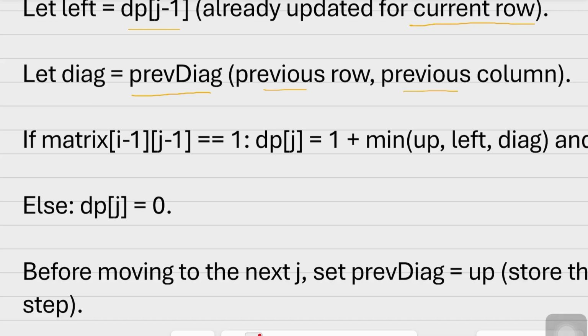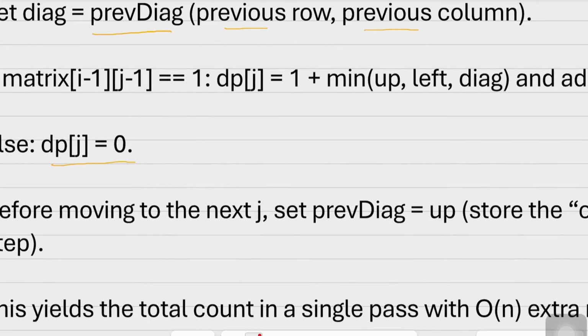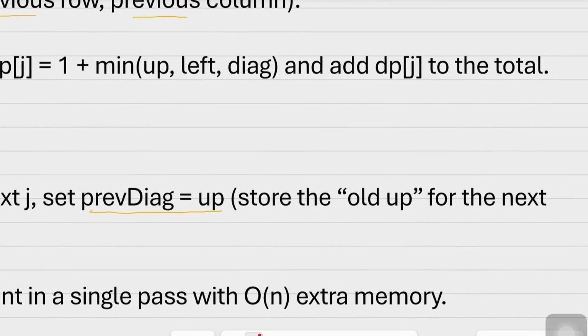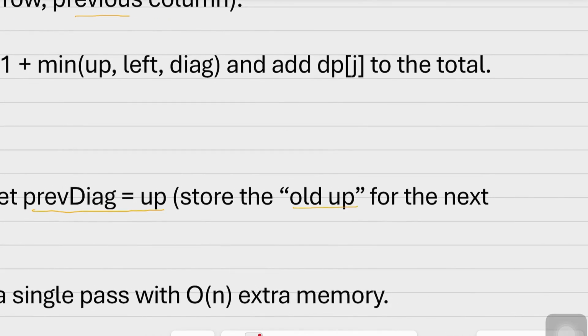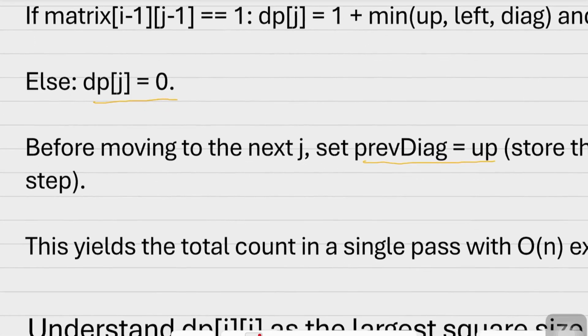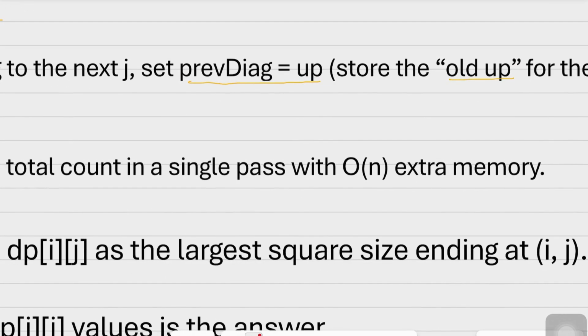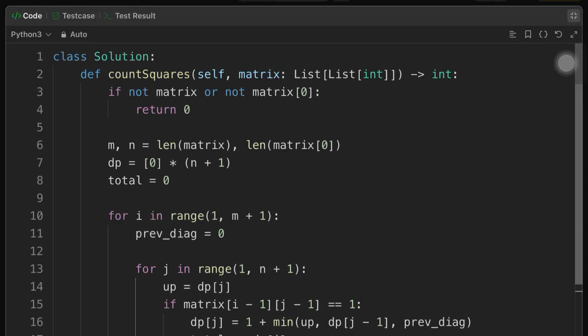Else, dp[j] equals 0. Before moving to the next j, set prev_diag equal to up. Store the old up for the next step. This yields the total count in a single pass, with O(n) extra memory.